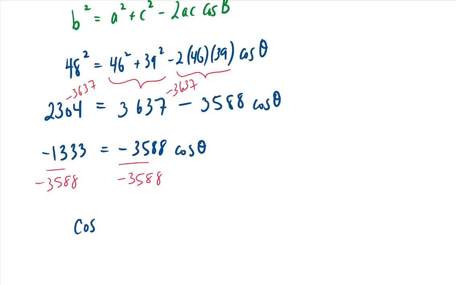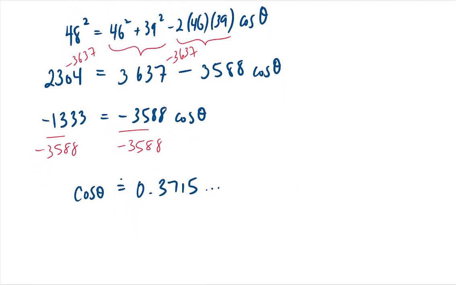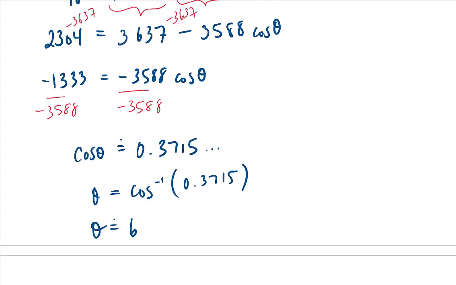So we end up with cosine theta is approximately equal to, and remember, take these to 4 decimal places, 0.3715. And remember, we're looking for an angle, so our last step is to use the cos minus 1. Since there's a cosine attached to theta, to get rid of the cosine attached to theta, we use the cos minus 1. And I end up with 68.2 degrees.